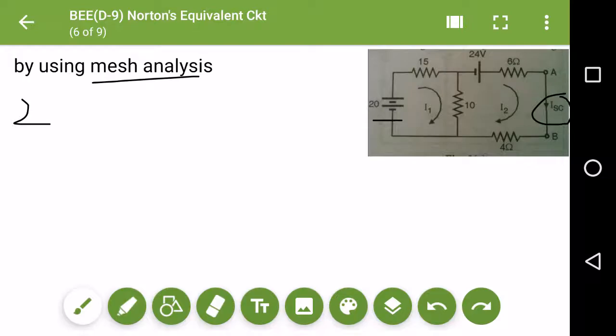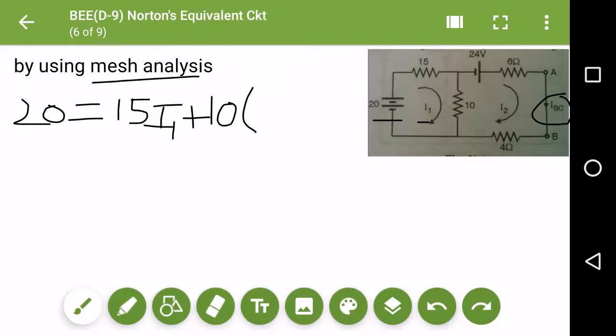So 20 volts is equal to 15 into current I1, plus 10 resistance times the difference of I1 and I2, that is I1 minus I2.